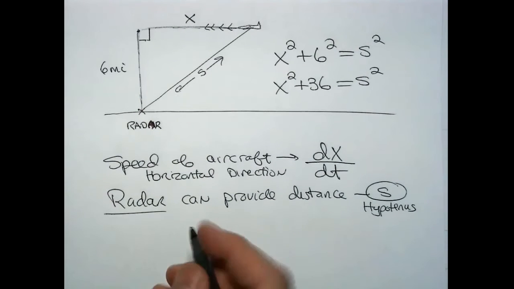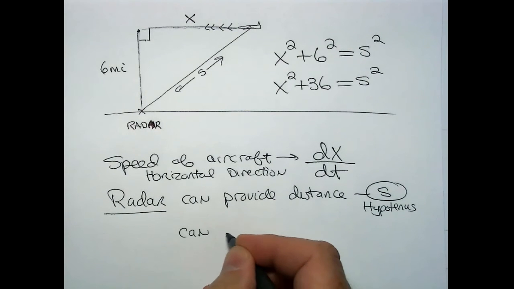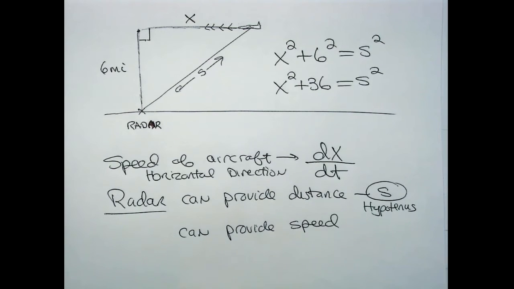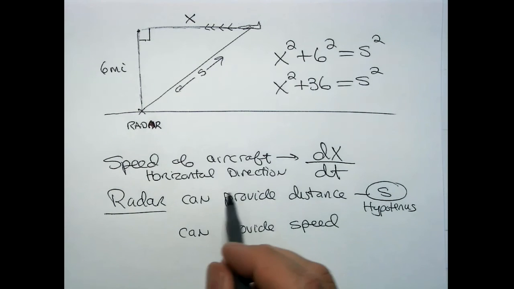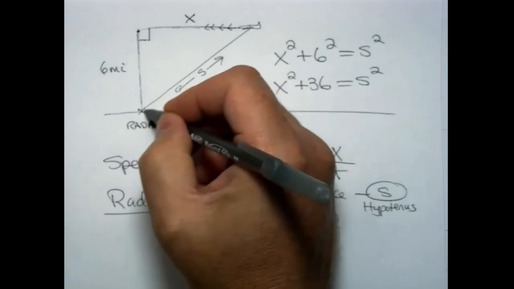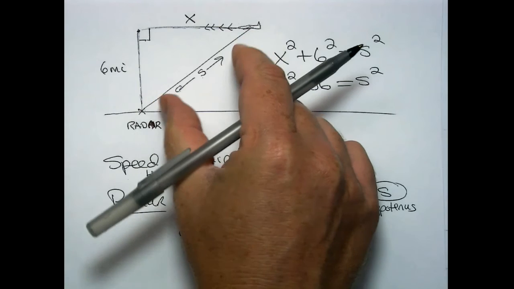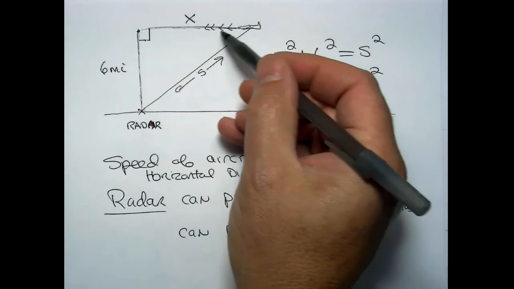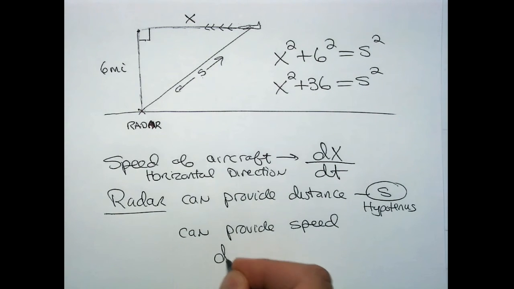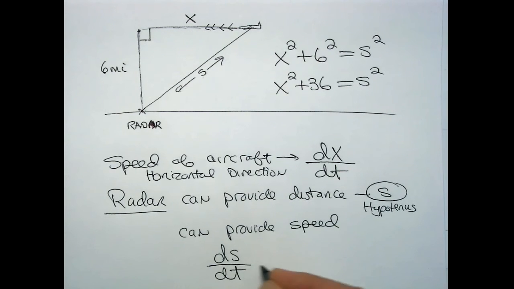Radar also has the ability to provide a speed. But what kind of speed? Well, the speed it can provide is only how s is changing with respect to time. And I would imagine in this case, if the aircraft is flying this way, that ds/dt is getting smaller.